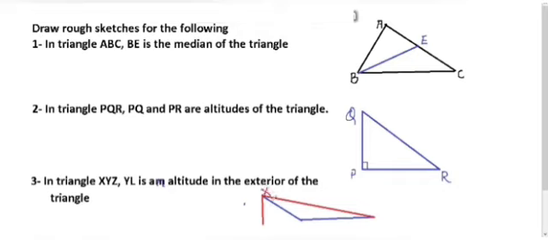Here we have X, and YL is the altitude, so I am taking YL. This is your altitude. If I draw it this way, with X, Y there and Z written here, then XYZ will be your triangle in which you will have your altitude outside the triangle.